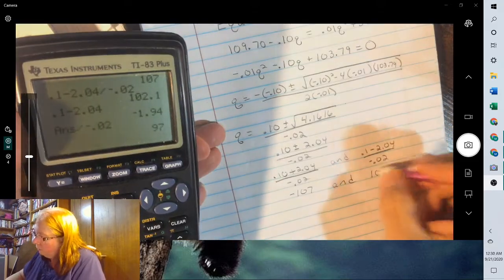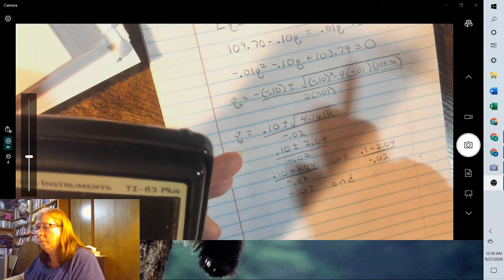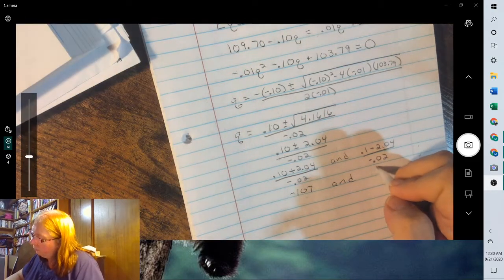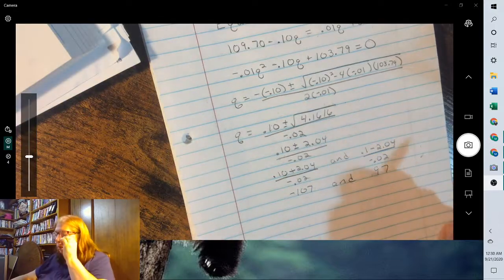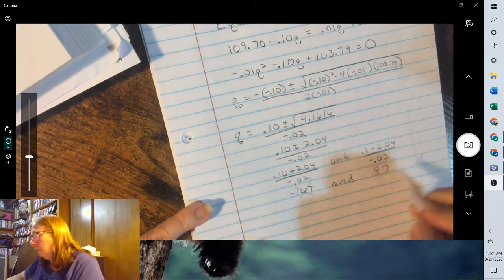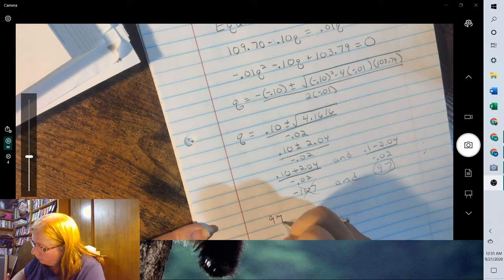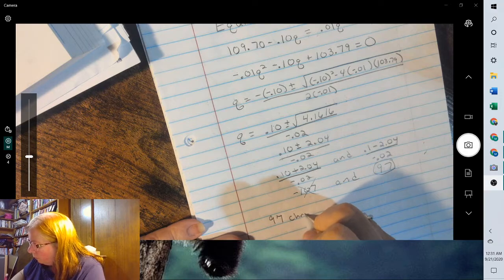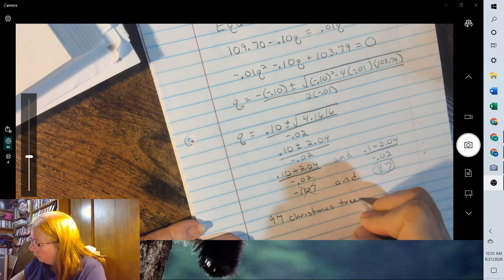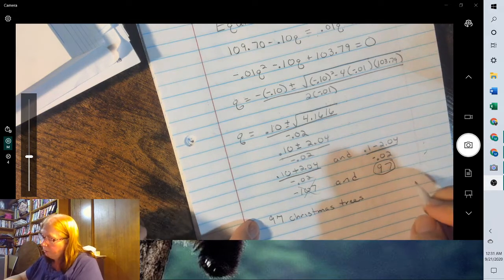Okay, I thought I did something wrong. It's 97. Now we're talking about a quantity, so a negative amount doesn't make sense. 97 Christmas trees would be our equilibrium quantity.